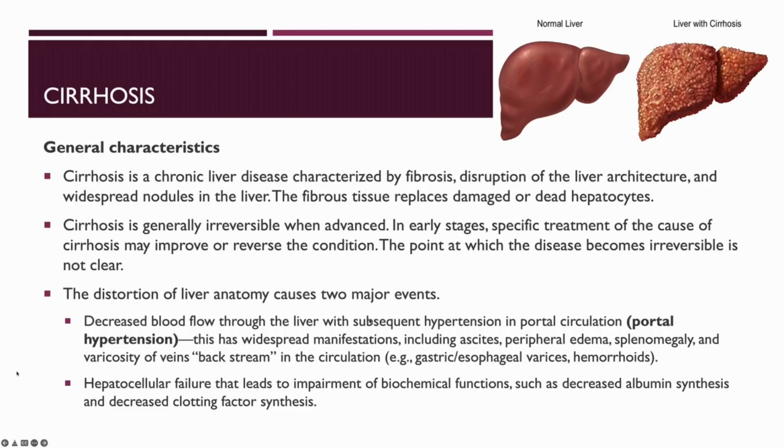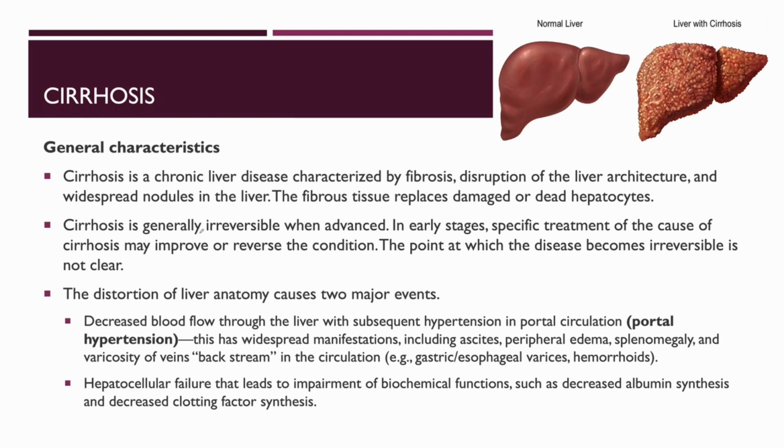Now, we know that cirrhosis is a chronic liver disease. It's characterized by fibrosis, and as you can see here, it is pretty striking when you see a cirrhotic liver. It has lots of nodules. It's shriveled, kind of smaller than usual, and really the hepatocytes are just dead, essentially. They get replaced by fibrous tissue, and it looks just damaged, worn out.